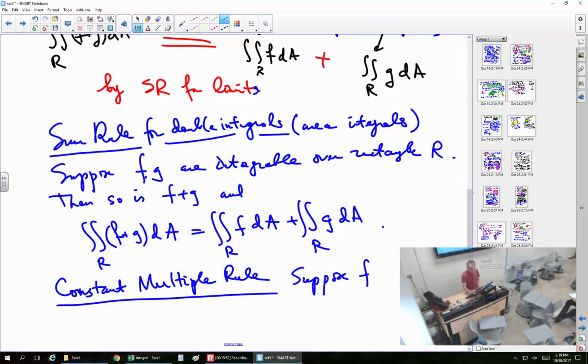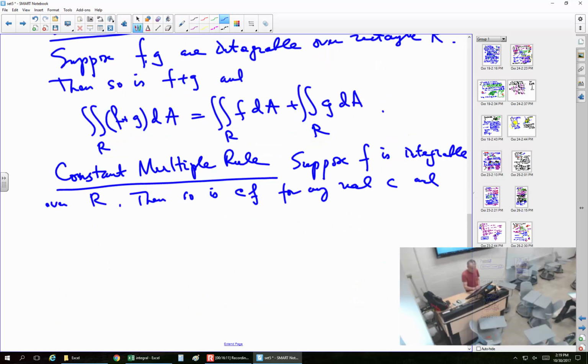We have an integrable function f over rectangle R again, then so is C f for any real C, and we have a relation between the two integrals: the double integral over R of C f dA is equal to C factored out times the integral of f dA.